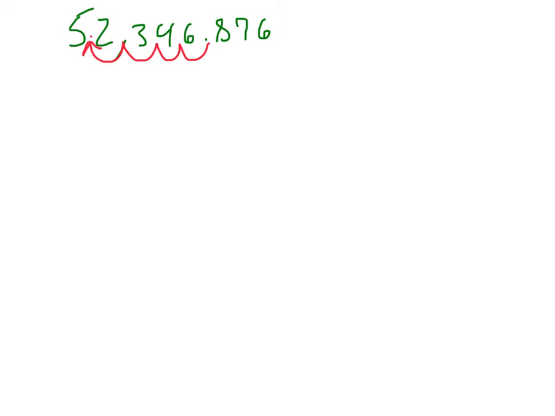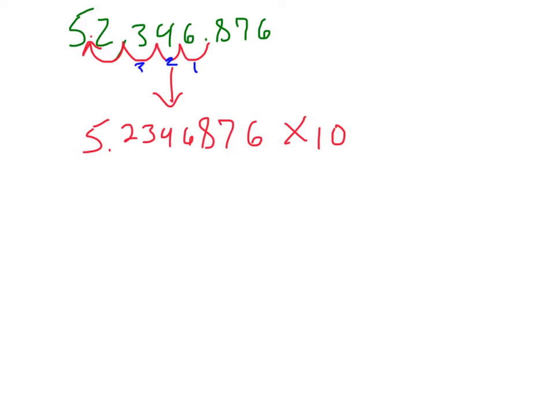Okay, so that transforms the number into 5.2346876. And after we've moved the decimal place, we'll put times 10, because we've changed it into scientific notation. And now n is the number of times that we moved the decimal point. So count how many times that we moved it, and we get 4. So our exponent is going to be 4.